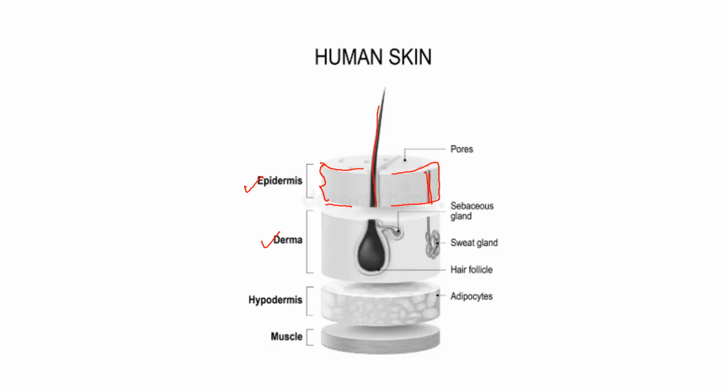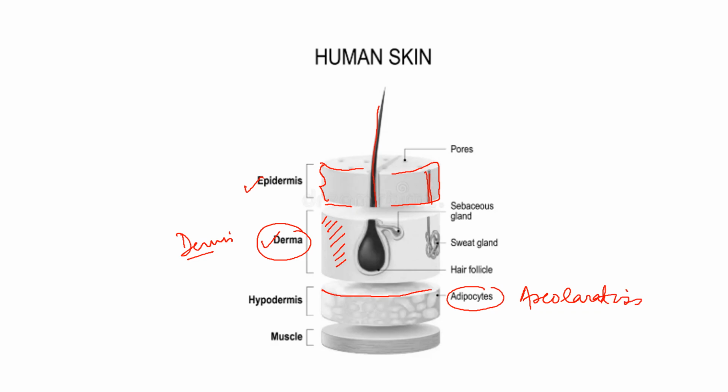Then below the epidermis, a thick layer is present that is made up of connective tissue, and that is known as the dermis. And below the dermis, the layer consists of adipocytes, that is areolar tissue, and this layer is known as the hypodermis.